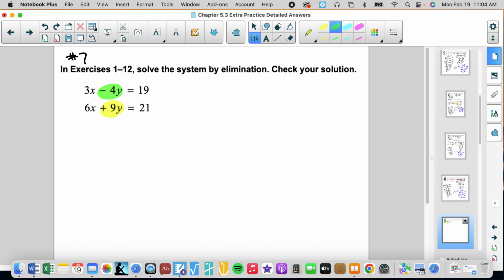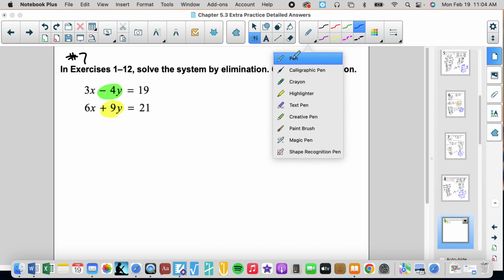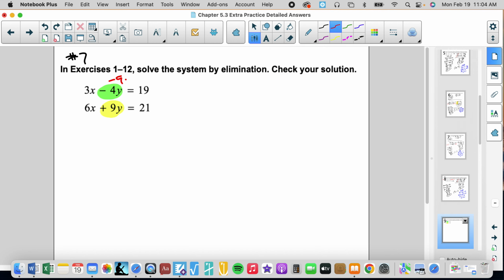Because what's going to get rid of a positive 9y is a -9y. Now, you can be challenging and difficult, and you can multiply -4y by a fraction, 9/4, to get -9y, but to me that's just making it too challenging.